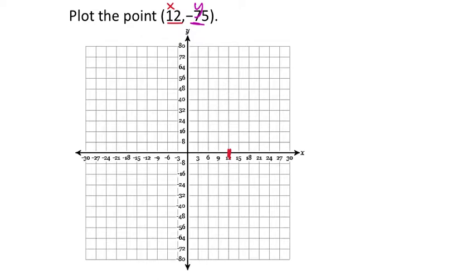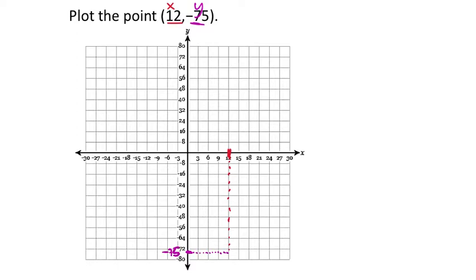Now that's my y value, so I go to my y number line and I find negative 75, which I see that I've got negative 72 here, but I really want negative 75, which should be almost right below it. So I'm going to say that's negative 75. And then I just take this line and follow it over until I get to the x equals 12 line. And it should be this one. I can follow it down though, just in case I miss.